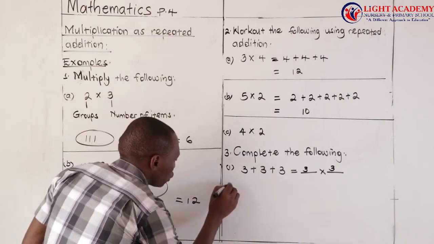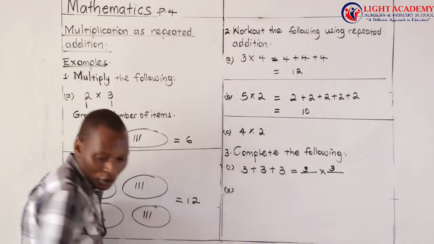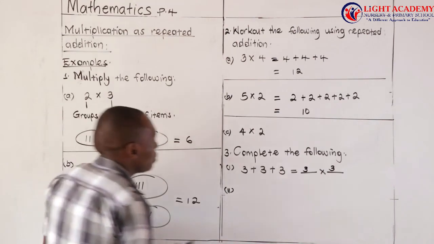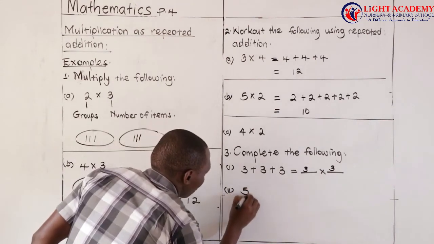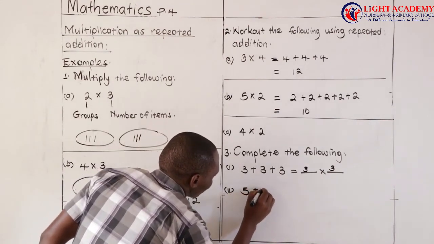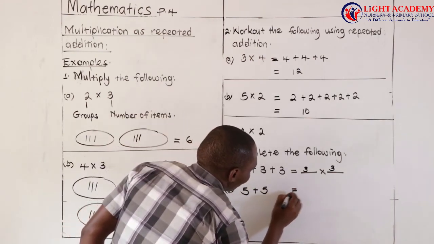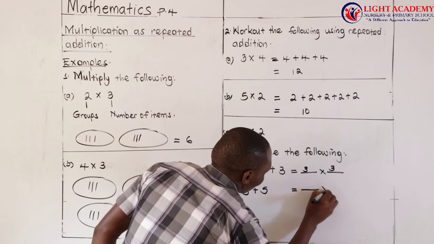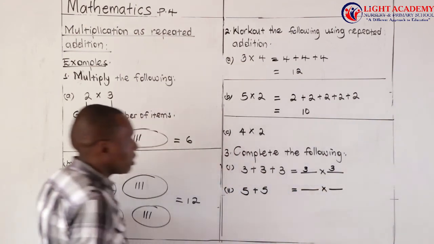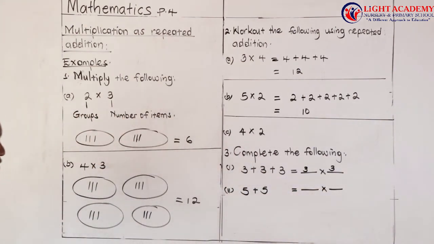Okay? Part 2, Roman numeral 2 of completing. We can have this one. 5 plus 5. What does this one mean? Being equal to dash multiplied by dash. They have told us to complete the statements.